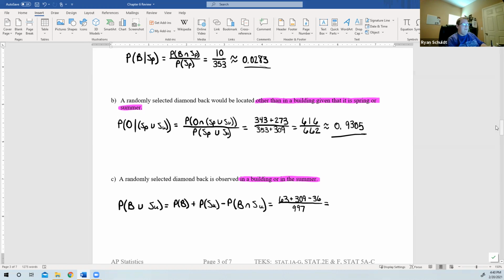This would get us 336 over 997, which is approximately equal to 0.3370 to 4 decimal places. So here we had to use the addition rule.